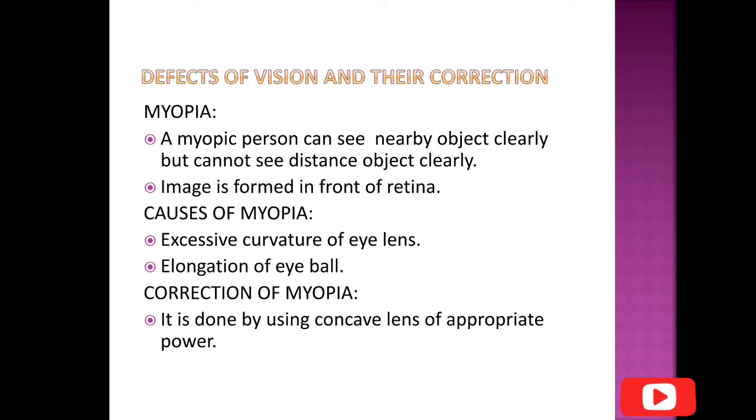The causes of myopia are excessive curvature of the eye lens, so the curvature becomes more, and elongation of the eyeball. Then how can myopia be corrected? By using a concave lens of appropriate power.